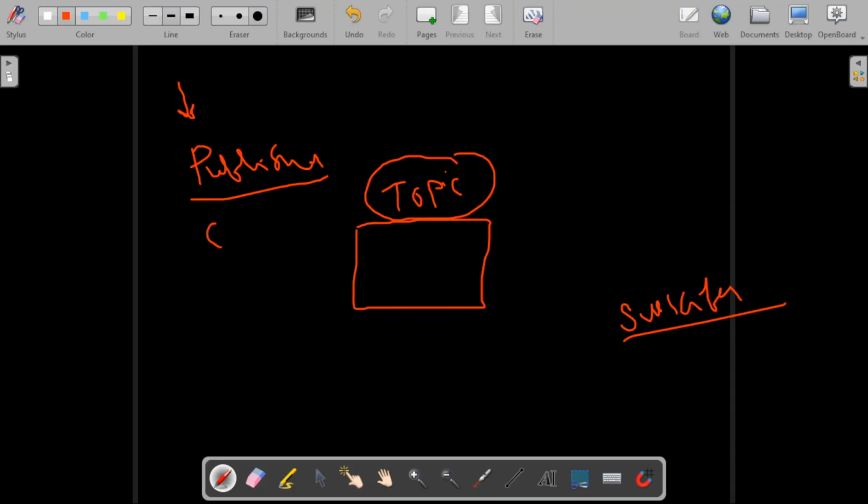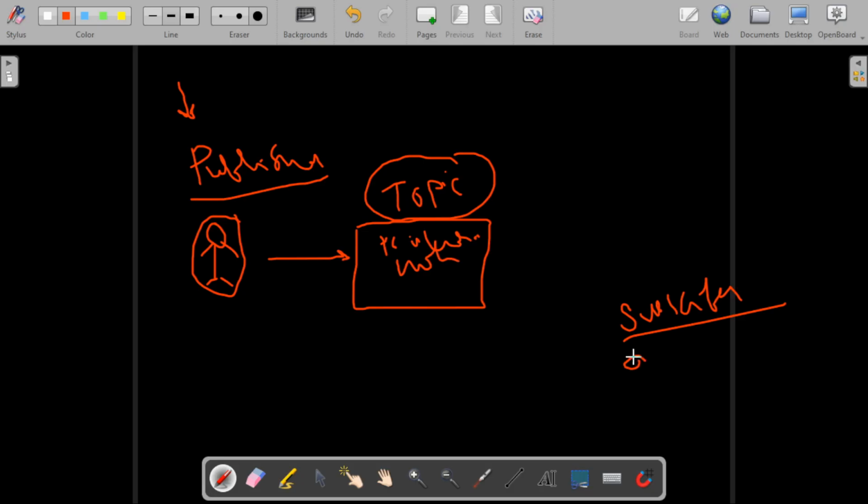What happens is, a publisher is a person who sends a message to a topic. You can think of a topic as a notice board. He will write, today is holiday. So this guy is a publisher. He sends some message to the topic. Assume the topic is a notice board, and he will write that today is holiday on this board.